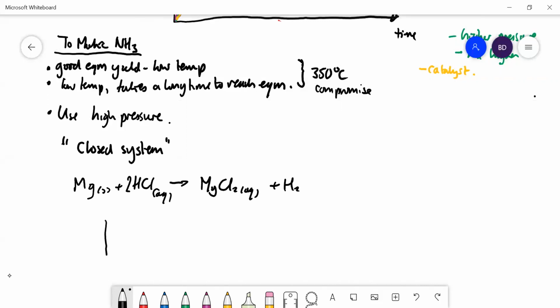Now we'd normally do that in a beaker. There's a beaker with your bit of magnesium ribbon in it, and it would carry on fizzing until all the magnesium had gone. This beaker's open, so what's happening to all the hydrogen? The hydrogen is escaping. It doesn't stay there, so we say this is an open system.